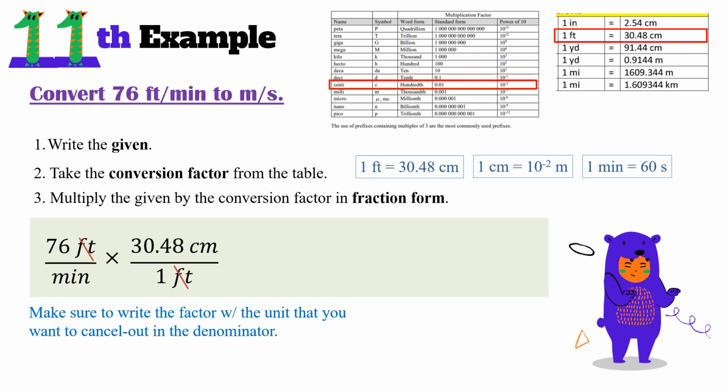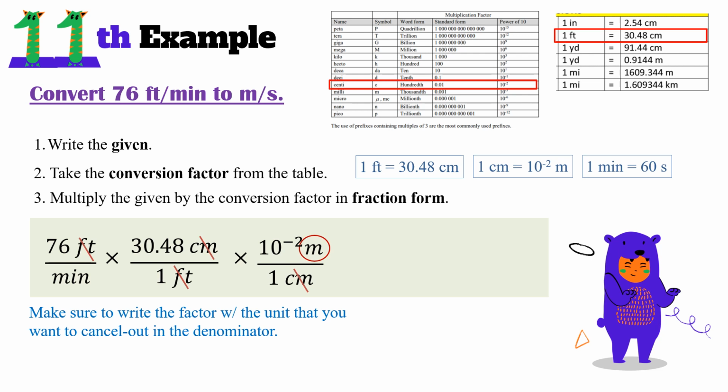Now, we convert centimeter to meter using the conversion factor 1 cm equal to 10 raised to negative 2 meter. So in this case, the factor with the unit centimeter will be placed in the denominator in order for us to cancel out cm. Now we will be left with meter, since meter is what we are trying to find.